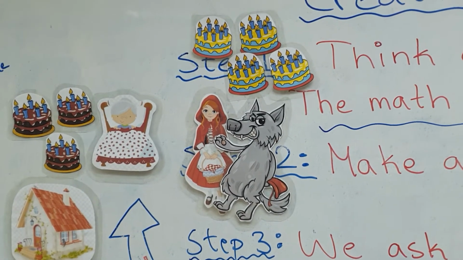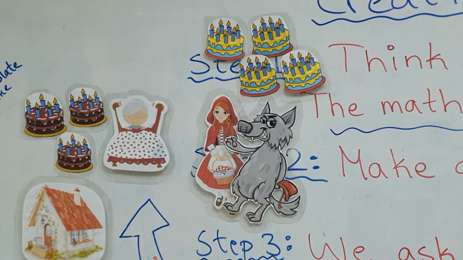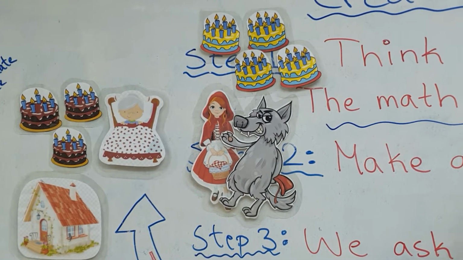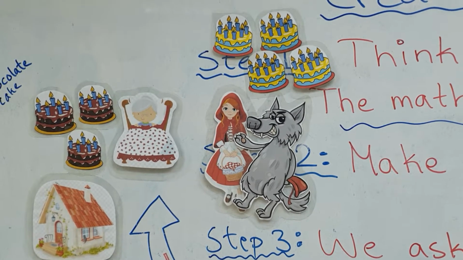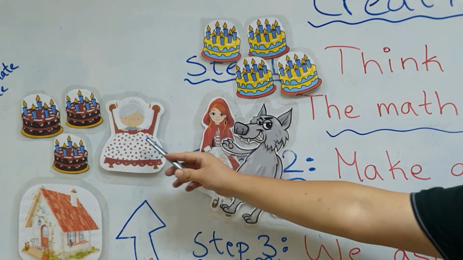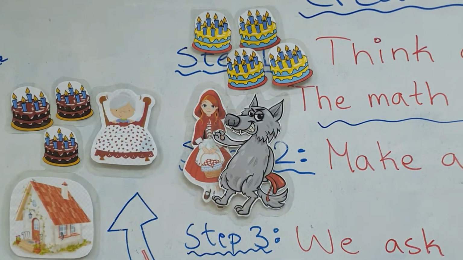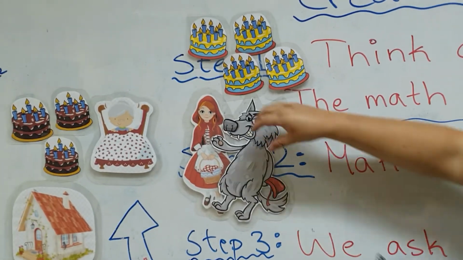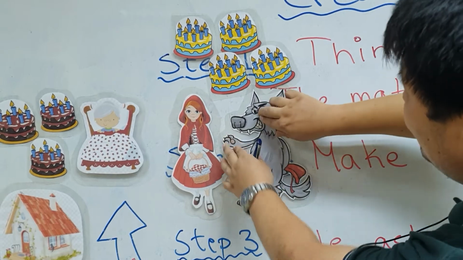And Grandma answered, "Who is it?" And Red Riding Hood answered, "It's just me, Grandma. I've come to visit you." And Grandma answered, "Oh, such a nice surprise. Please come in." And they both walked inside the house and met Grandma.